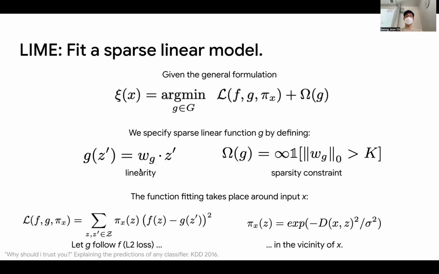And your G looks like this, a linear model, w_G and z. They're using x and z in an interchangeable way.